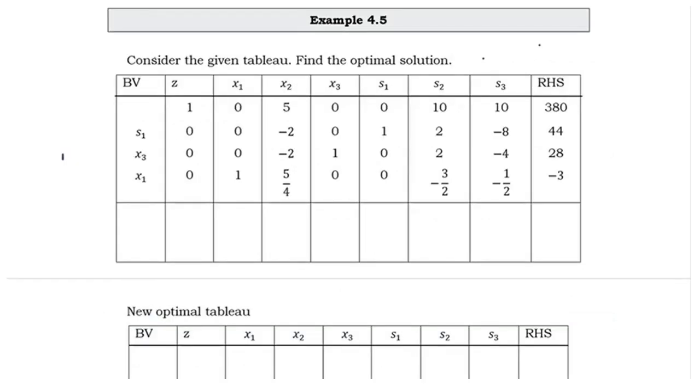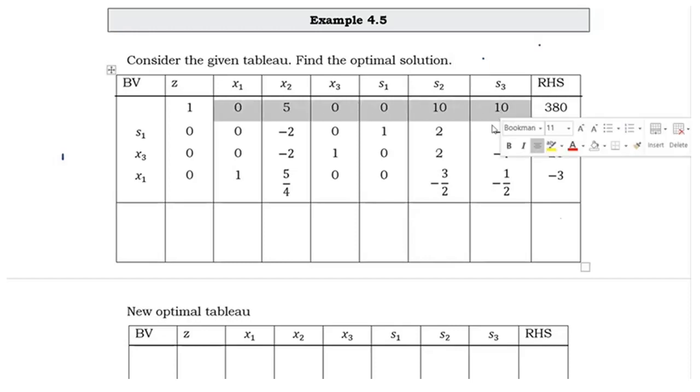Now, let's discuss. This is a maximum problem because each variable in row 0 has a non-negative coefficient, and the variable x1 has a negative value.